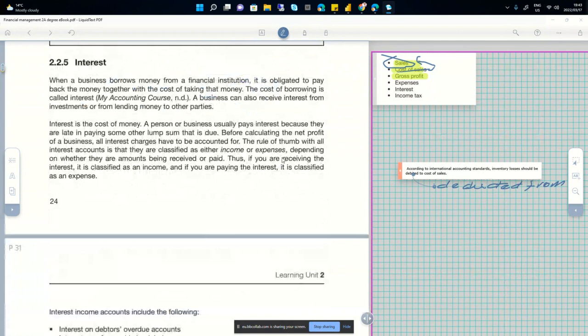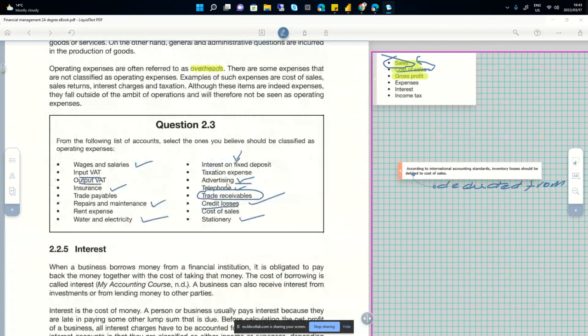Okay, so now when we look at interest, you need also to see this item called interest on your income statement. I will come back to an example of an income statement, so just stay with me. As you are reading, I want you to make a difference between an interest income, I mentioned that already, and an interest expense.